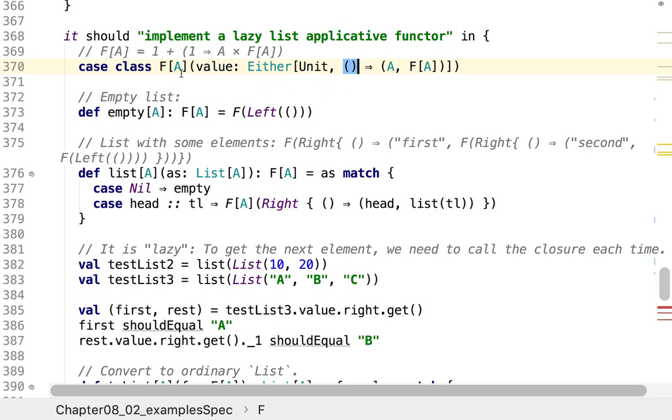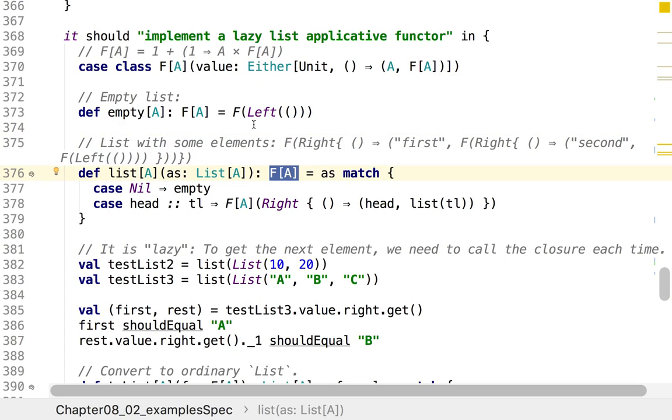Let's define some utility functions so that we can easily work with data of this type. First, let's do an empty list, which is just returning this first unit, which is left of unit. Let's define a function that takes an ordinary list and creates this lazy list.